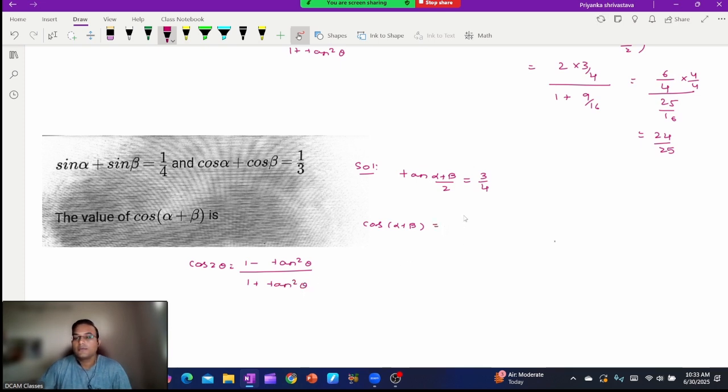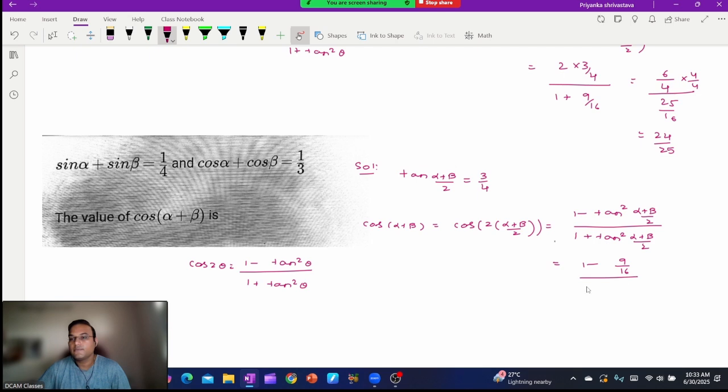Cos of alpha plus beta is cos of 2 into (alpha plus beta)/2. So it will be 1 minus tan square (alpha plus beta)/2 by 1 plus tan square (alpha plus beta)/2. So it will be 1 minus 9 by 16 by 1 plus 9 by 16.